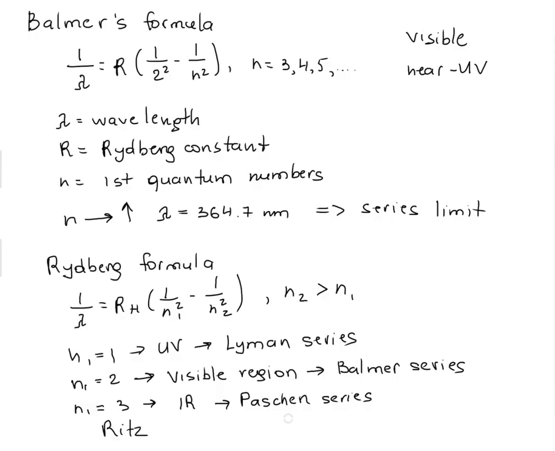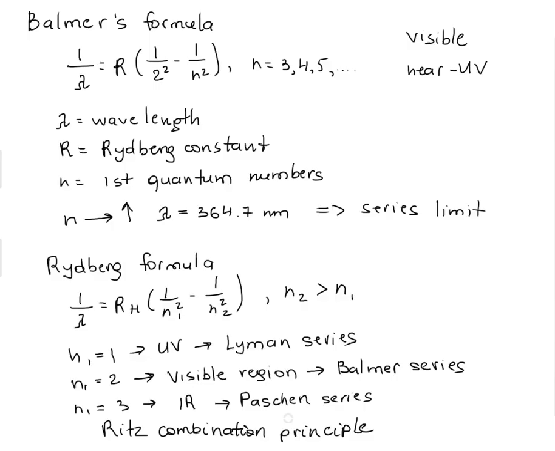So I'm just going to write Ritz combination principle. The Ritz combination principle says observed spectral lines can be written as a difference of two allowed terms.